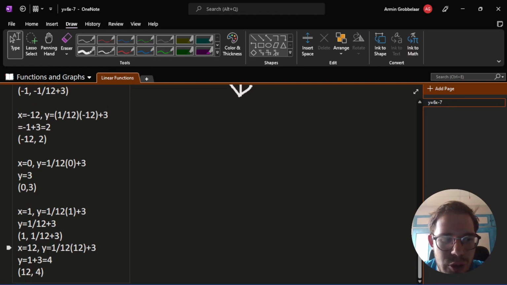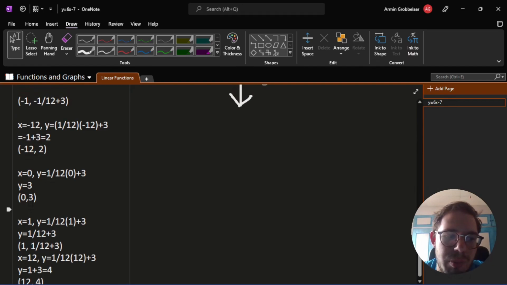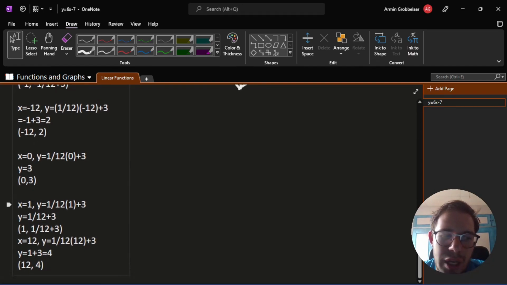So if you choose here, you could have maybe chosen minus 6 and plus 6, or maybe minus 6 and 24, or maybe even minus 24 and 6. So just to make it easier for you to work out y.